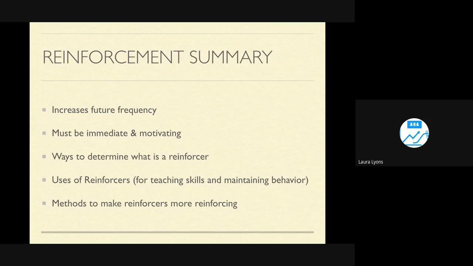We talked a little bit about the use of reinforcers, but I think the best way to understand this even more is to watch some of those how-to videos and see how to teach different skills and when to deliver reinforcement. And then we also talked about ways to create an establishing operation, meaning to make reinforcers even more potent when we're working with students.